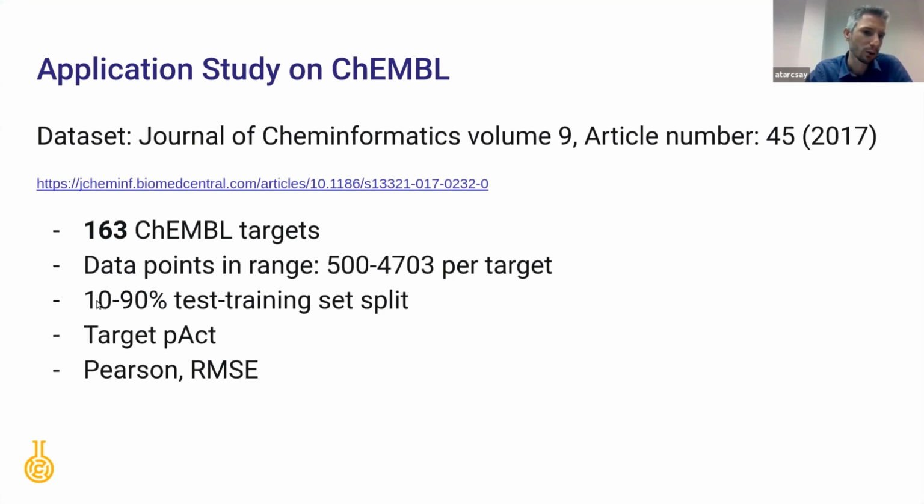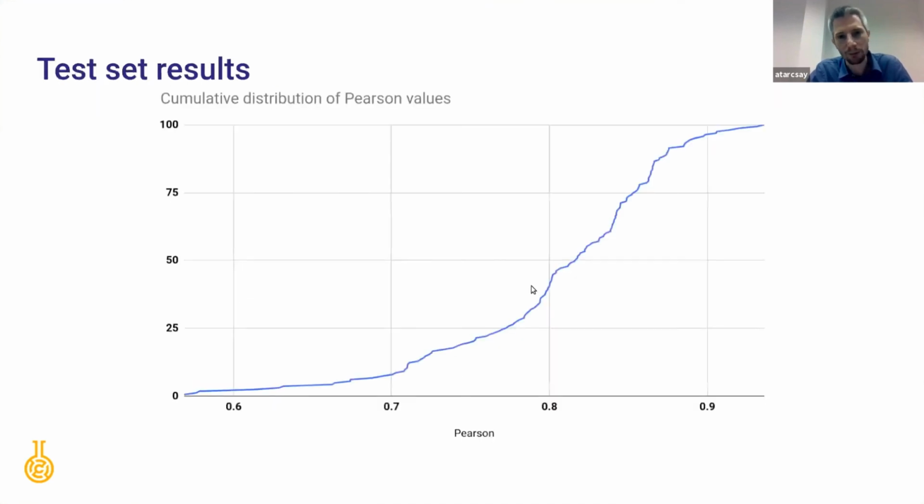Split it into 90% training and 10% test for the target of pActivity, and we measured Pearson and root mean square error, and that was the results of our test.